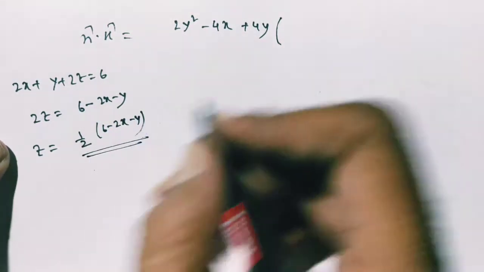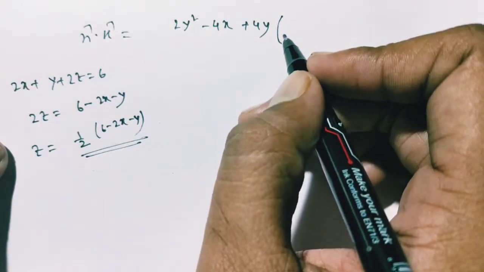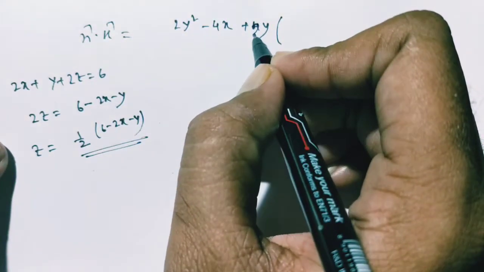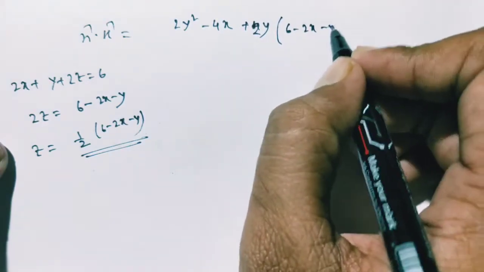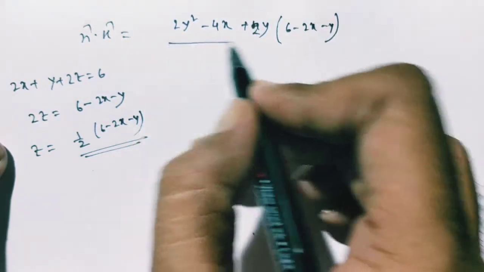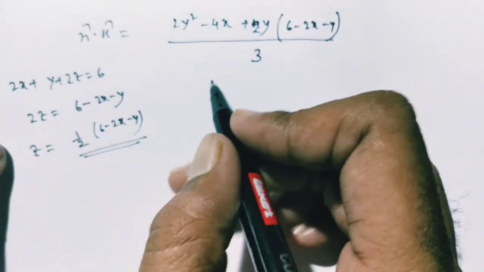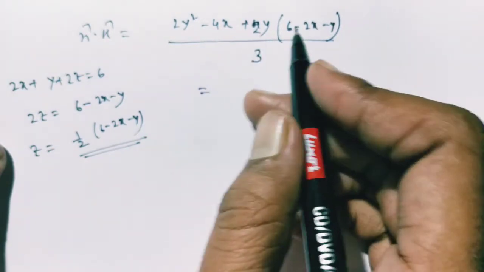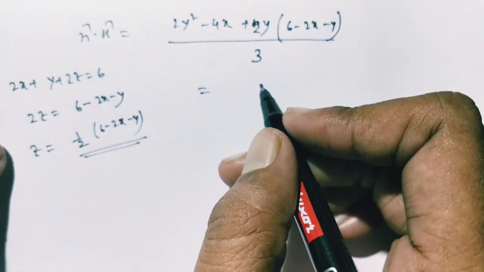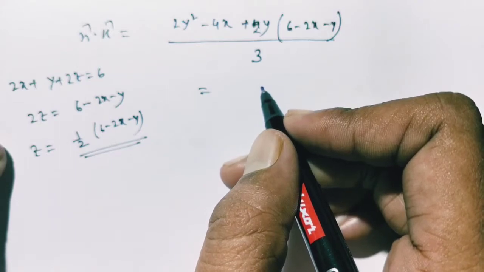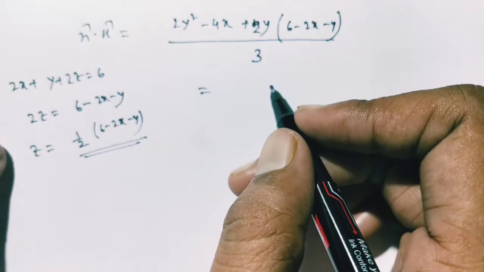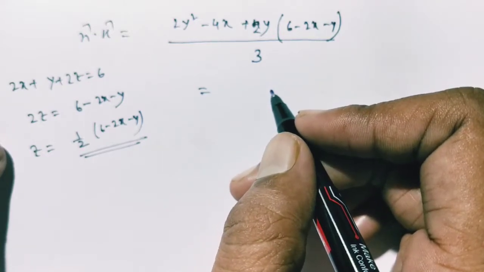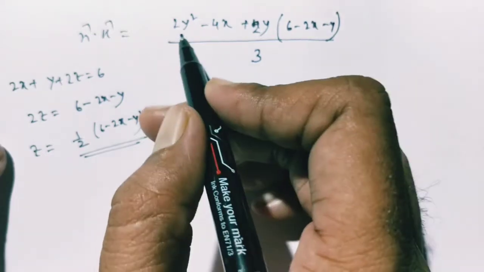So I have to put the value over here. If we take half, then it will be 2. So 2y into (6 minus 2x minus y) divided by 3, and it will be 12y minus, of course 6 minus 2x minus y, and here is 2y square.